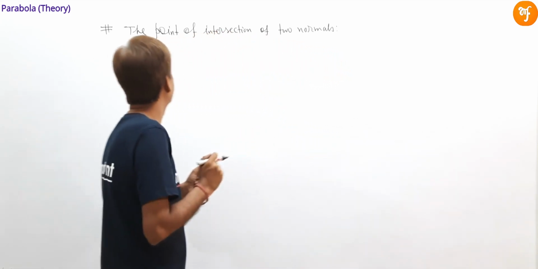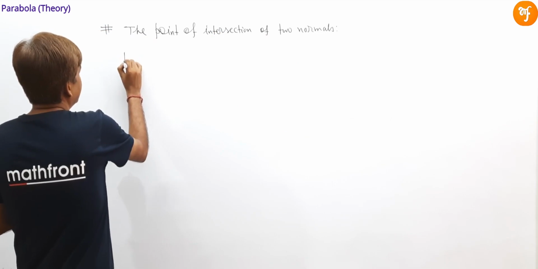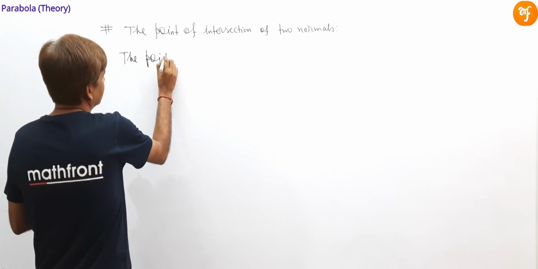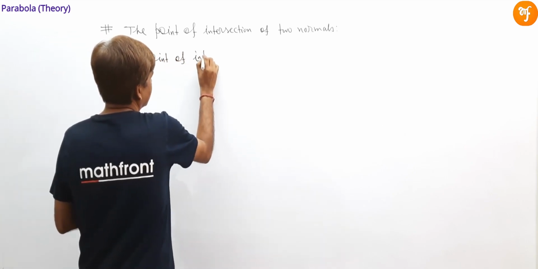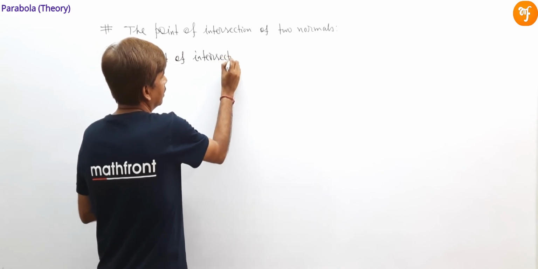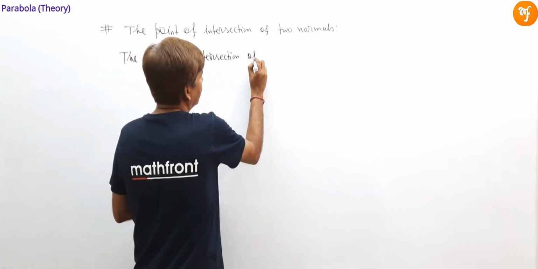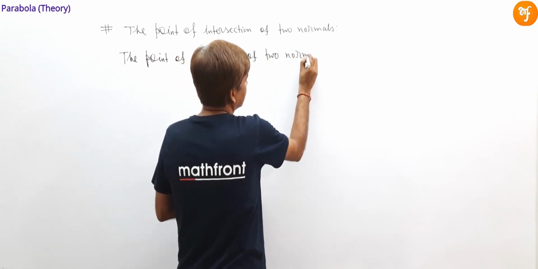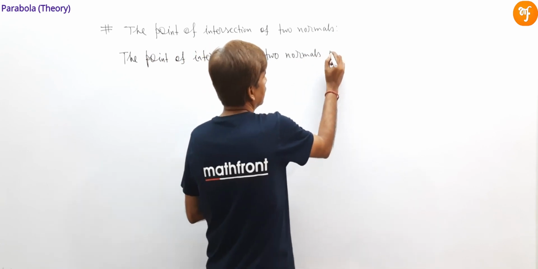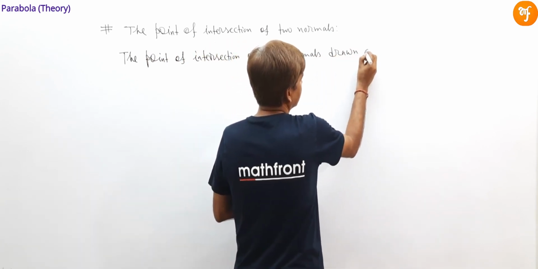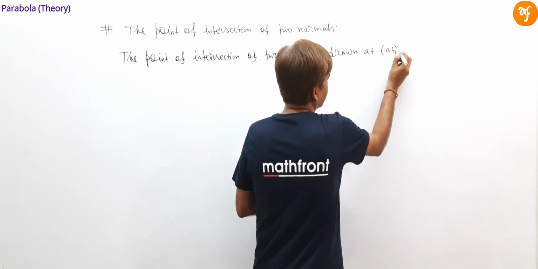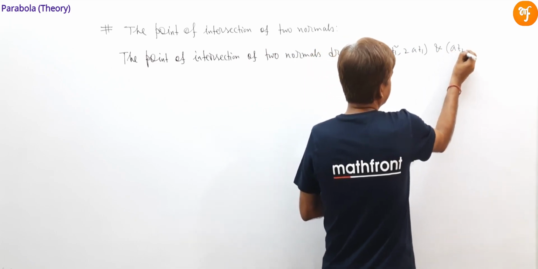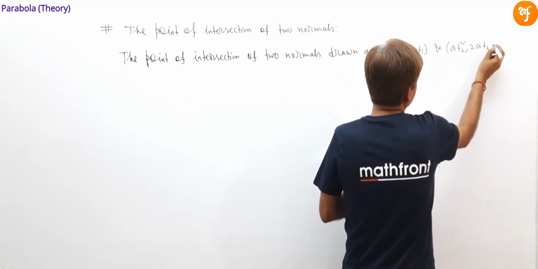Okay, so look, the point of intersection of two normals drawn at (at1², 2at1) and (at2², 2at2).